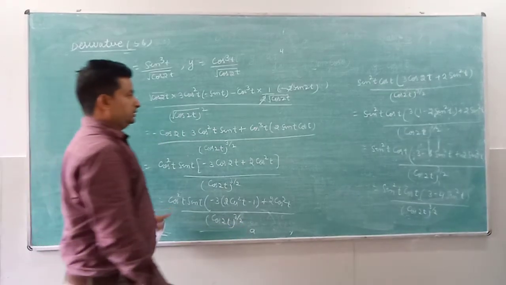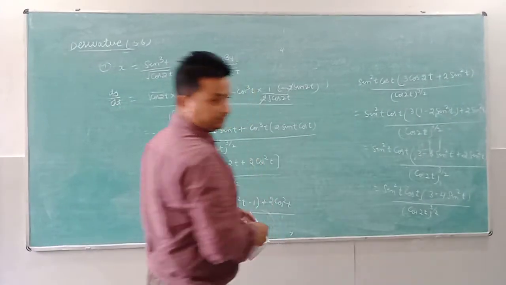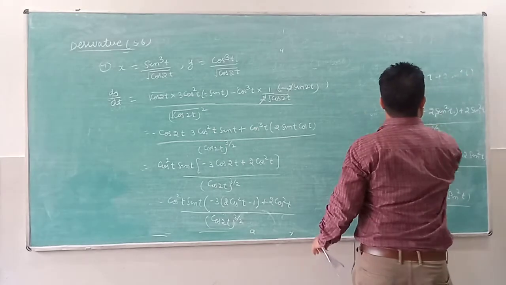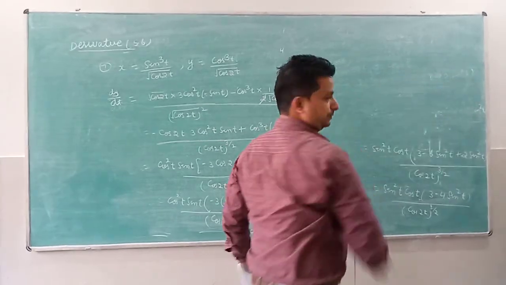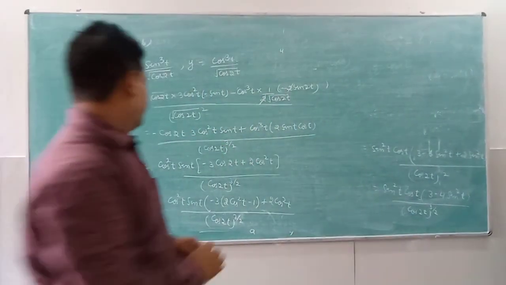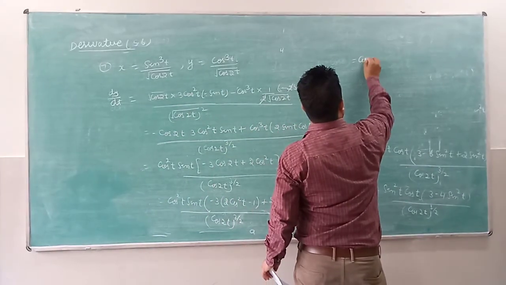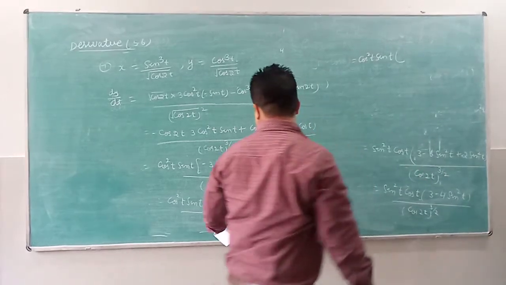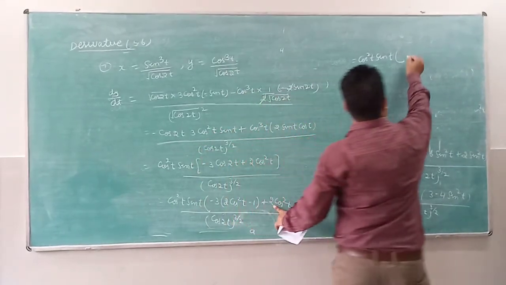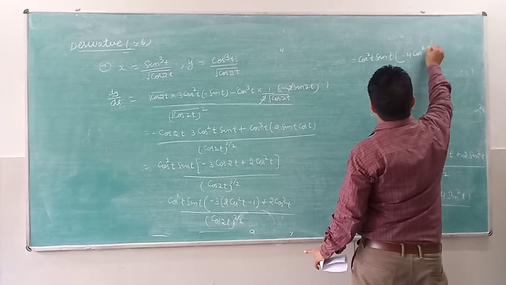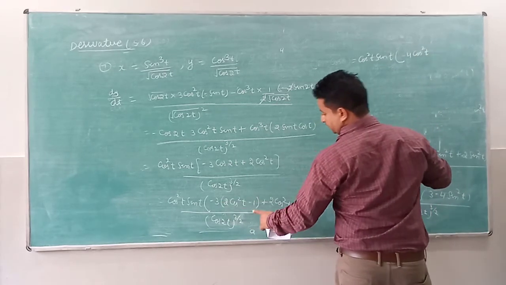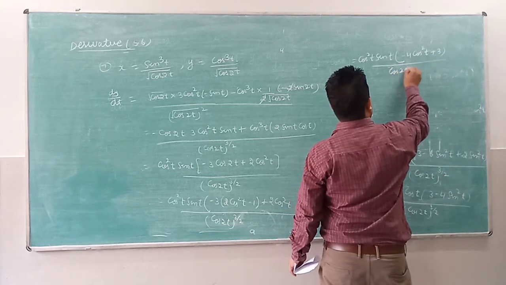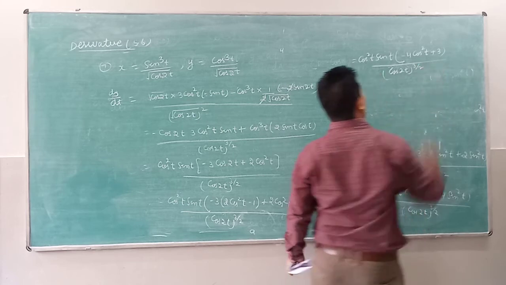So this becomes cos²t into sin t. This becomes minus 6 cos²t plus 3 plus 2 cos²t, which is minus 4 cos²t plus 3, upon cos 2t whole power 3/2.